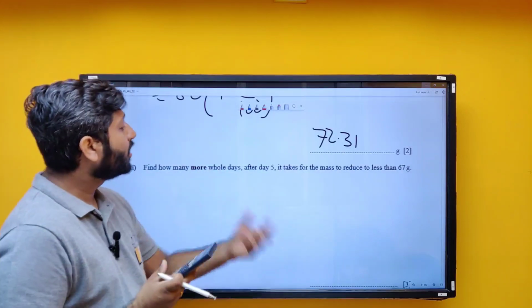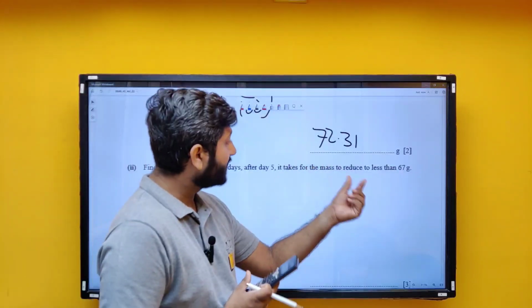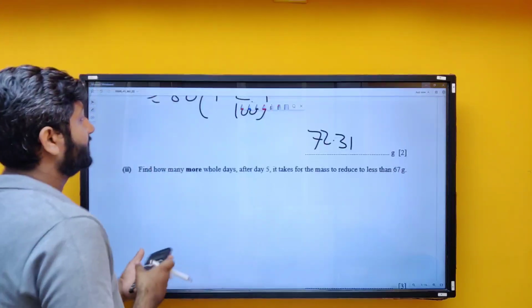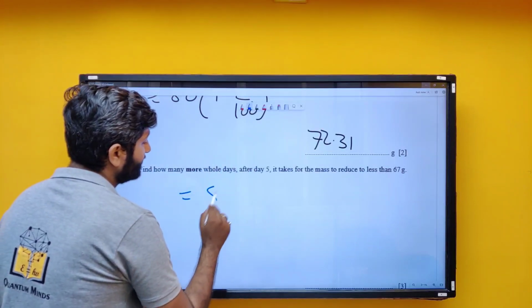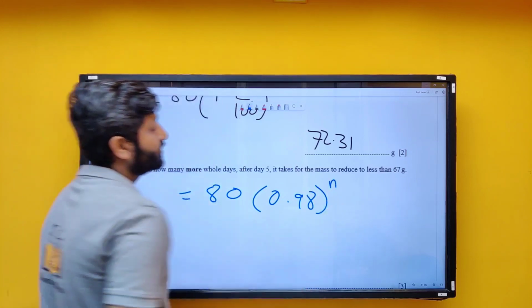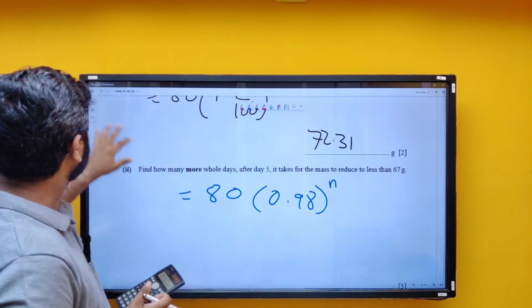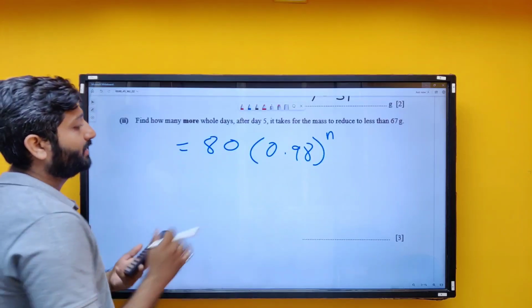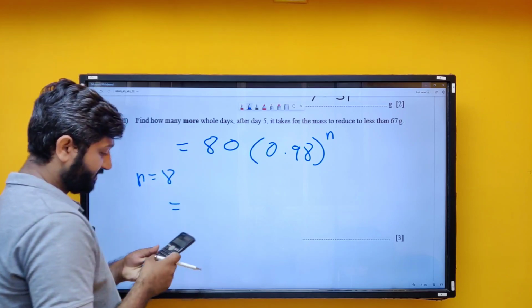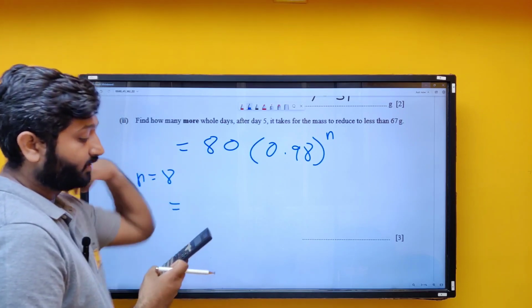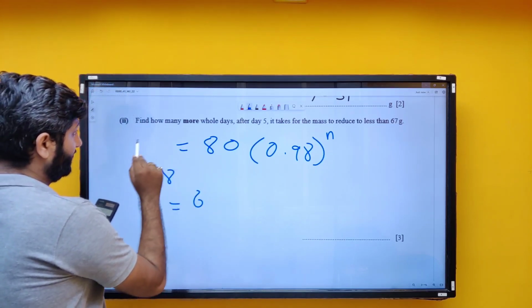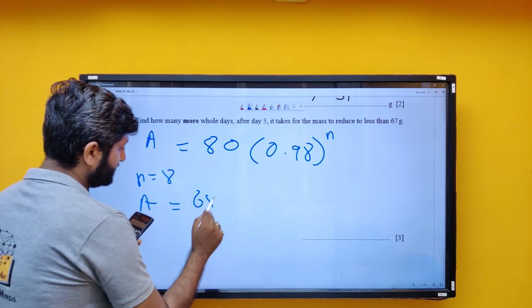Find how many more whole days after 5 days it will take for the mass to reduce to less than 67 grams. So this is 0.98 power n. Already after 5 days the mass is 72.31. So let me take n as 8. I have 80 into 0.98 power 8, which is 68.06.